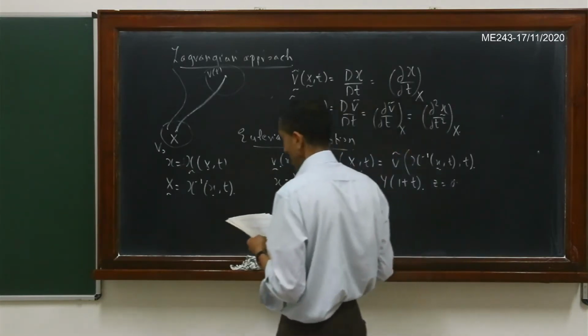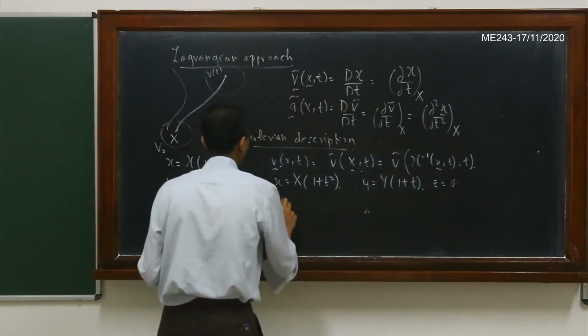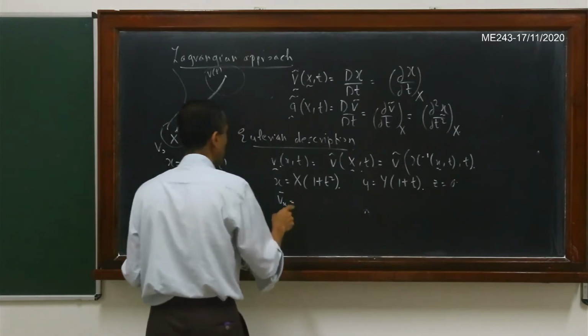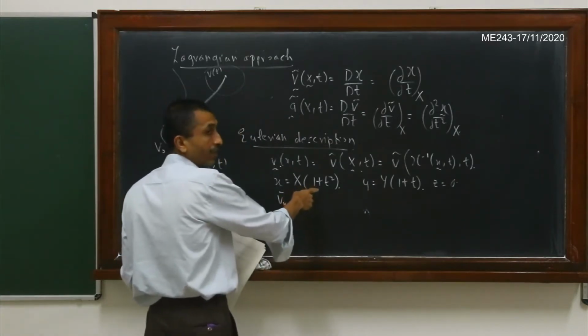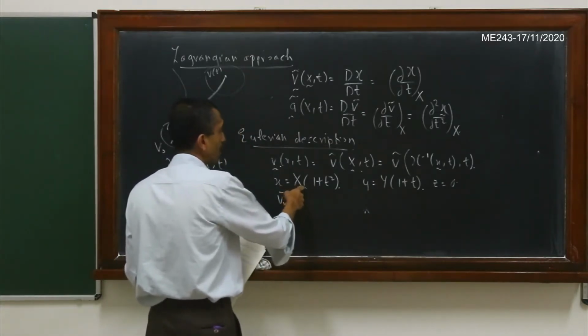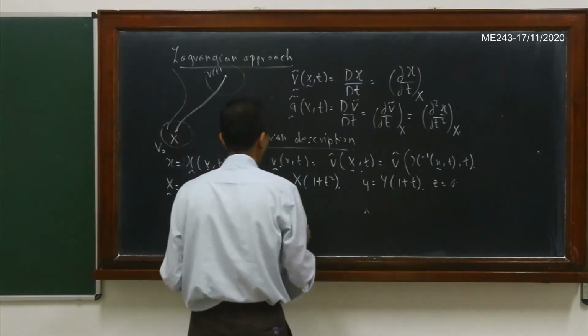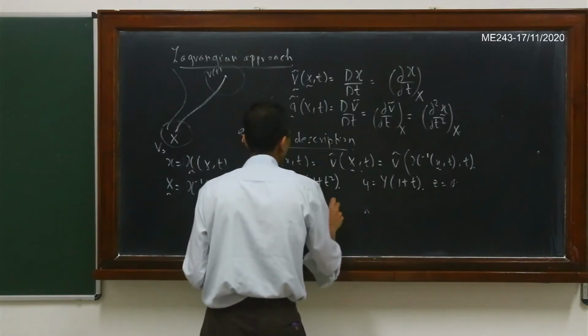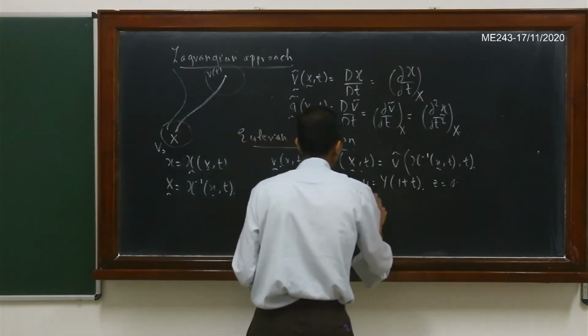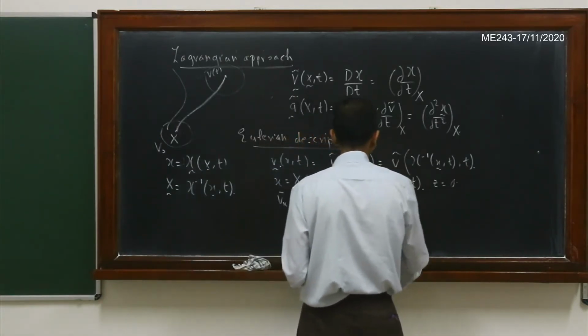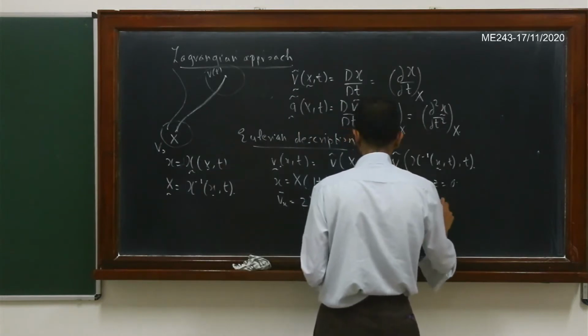Then you will get that Vx tilde is equal to, basically take the partial derivative of this keeping capital X fixed, so that will be 2 times capital X t. Similarly your Vy tilde is equal to capital Y, and Vz will just be 0.